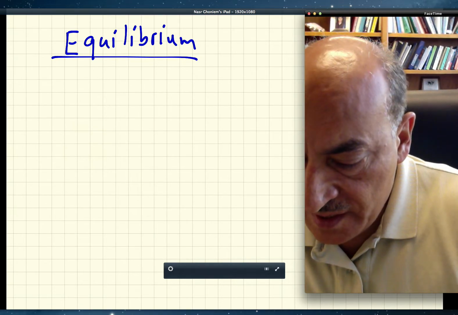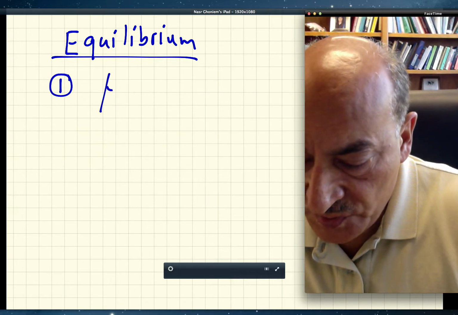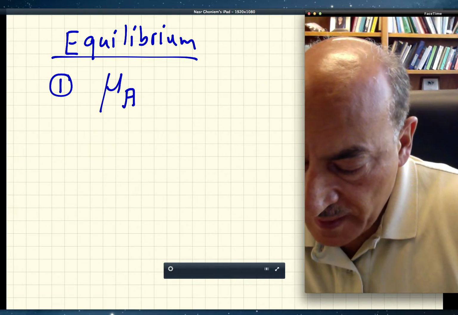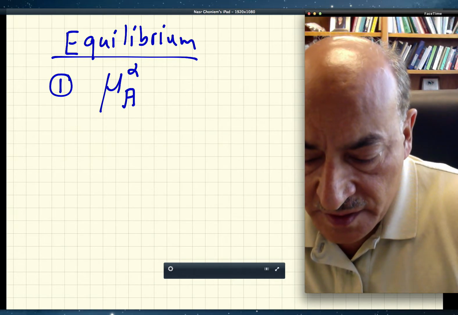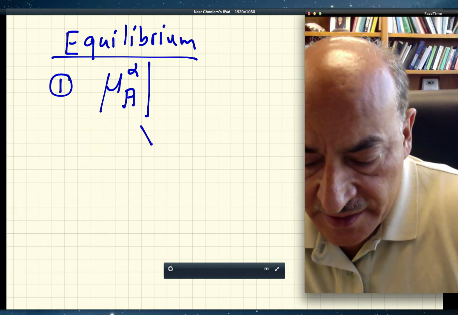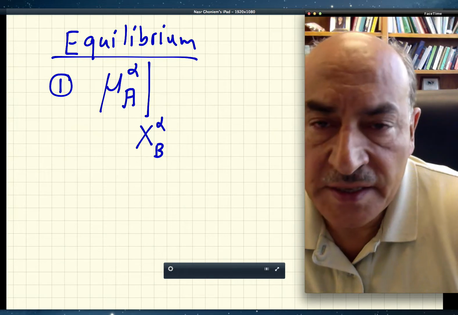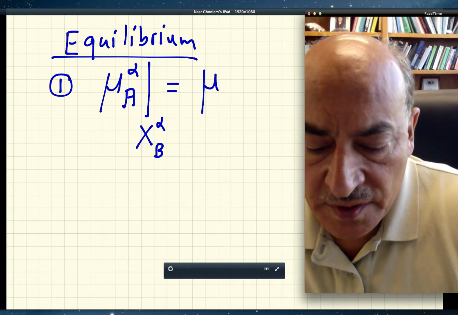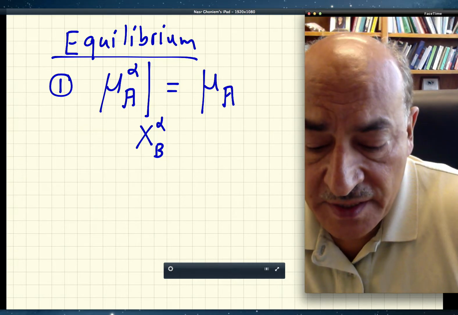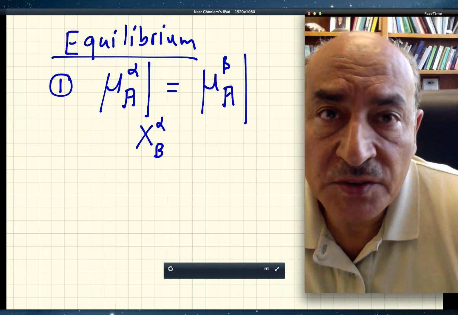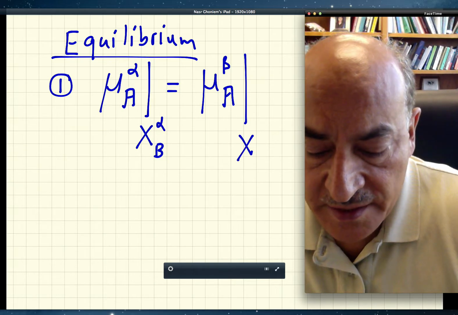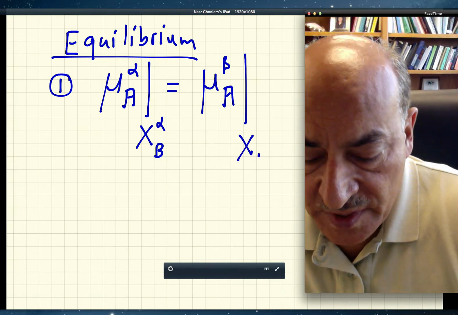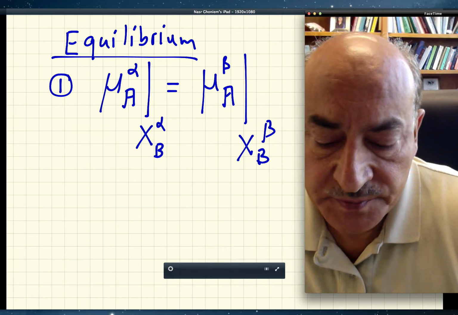Element A will be equation 1: mu of element A in the alpha phase, evaluated at x sub B in the alpha phase, equals mu of the same element in the beta phase, evaluated at x sub B in the beta phase.